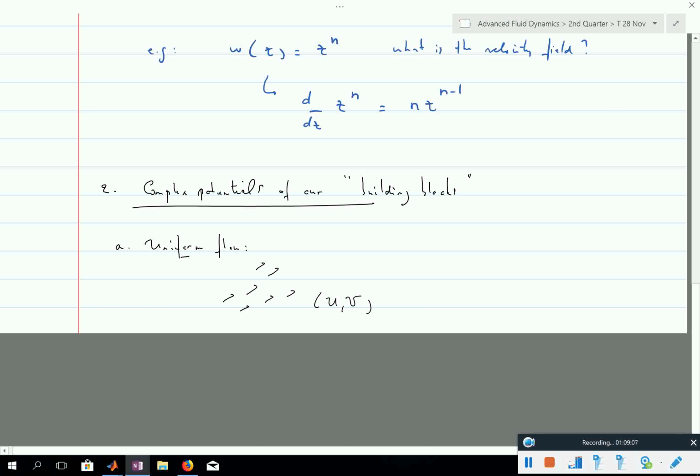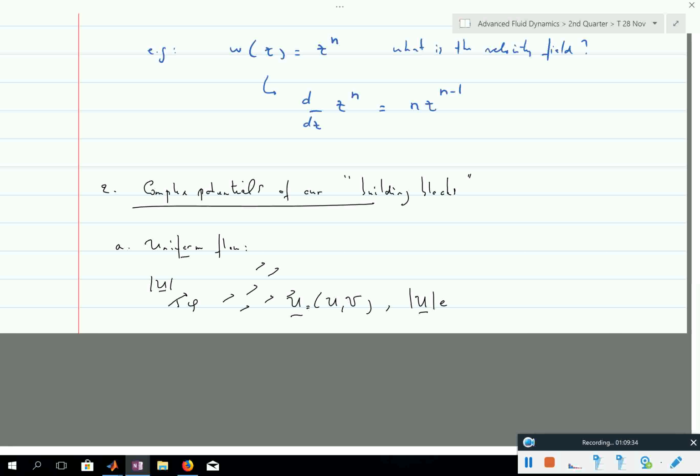Another way to represent this flow is to say that it has a magnitude U and it has an angle, phi. So let me just say that this is magnitude U and this angle here is phi, and the angle is the angle at which your uniform flow is.